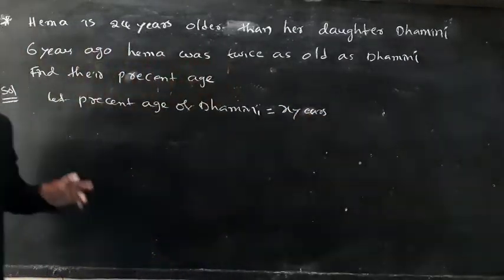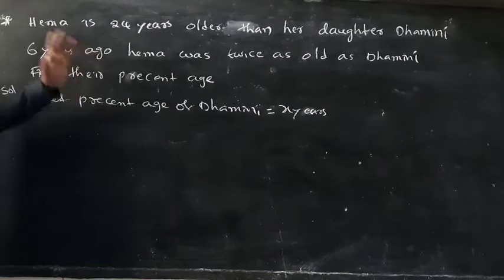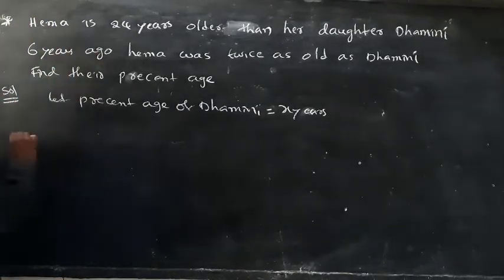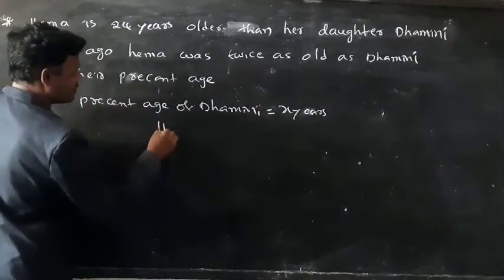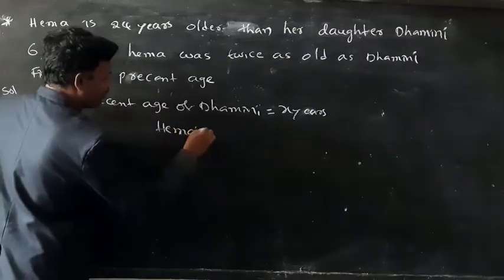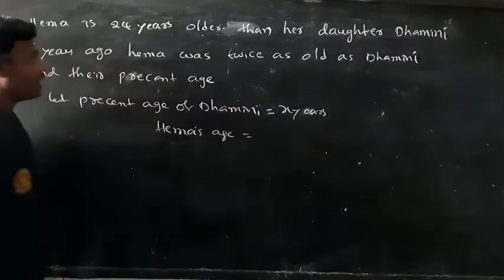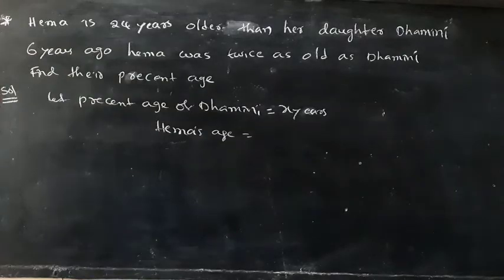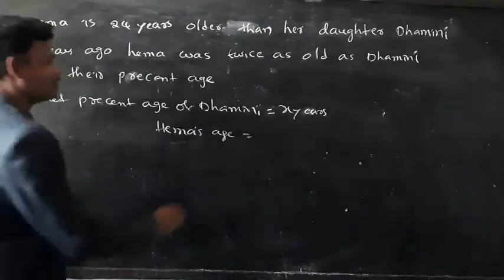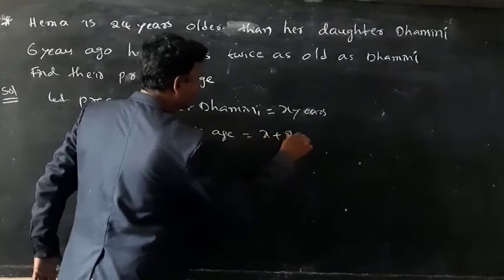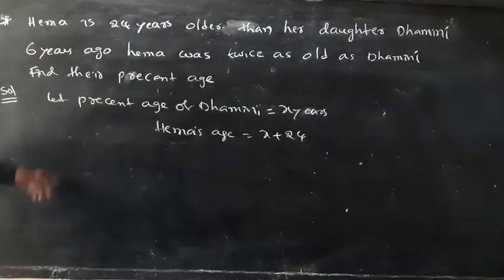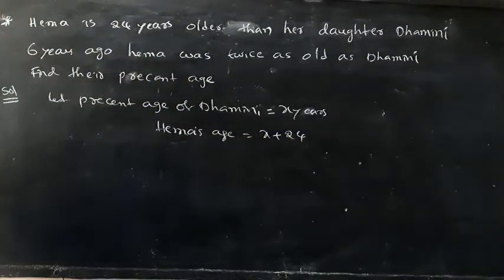I am taking the present age of Damini as x years. Then Hema's age. Hema is 24 years older than her daughter. So what is Hema's age? Nothing but x plus 24. 6 years ago.